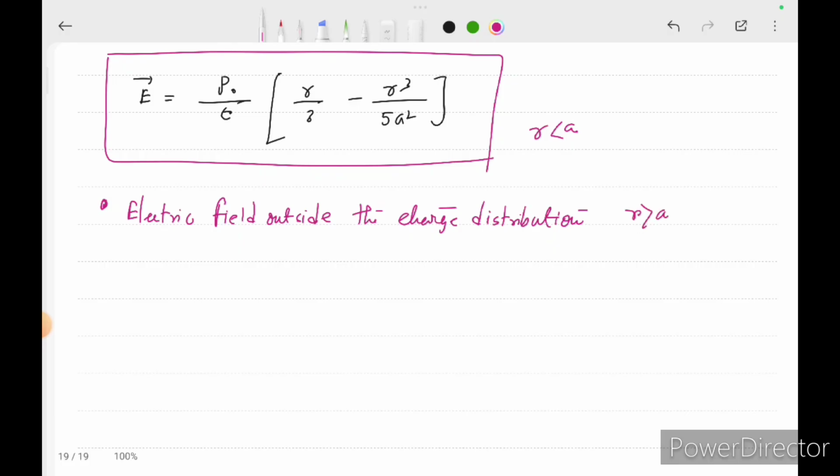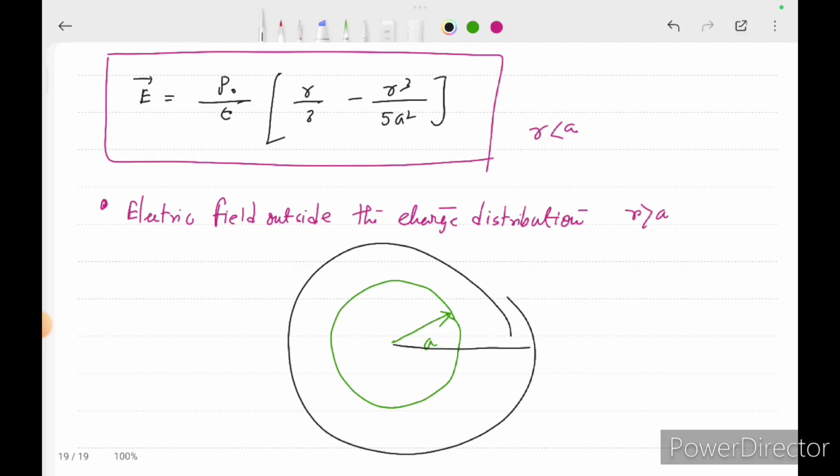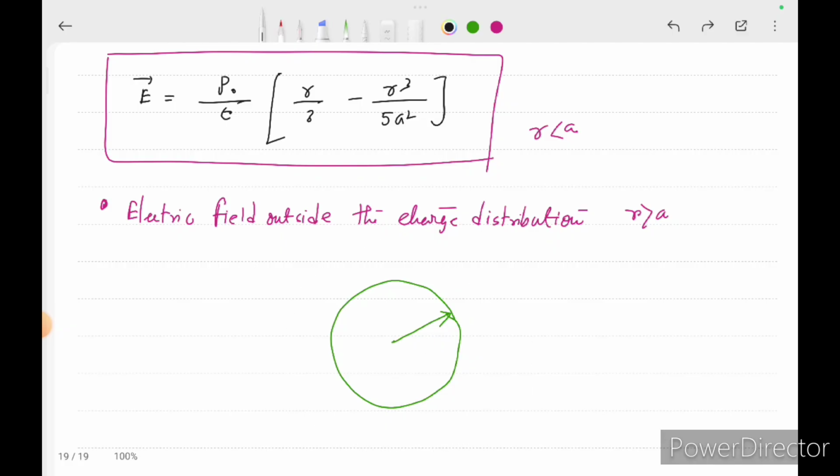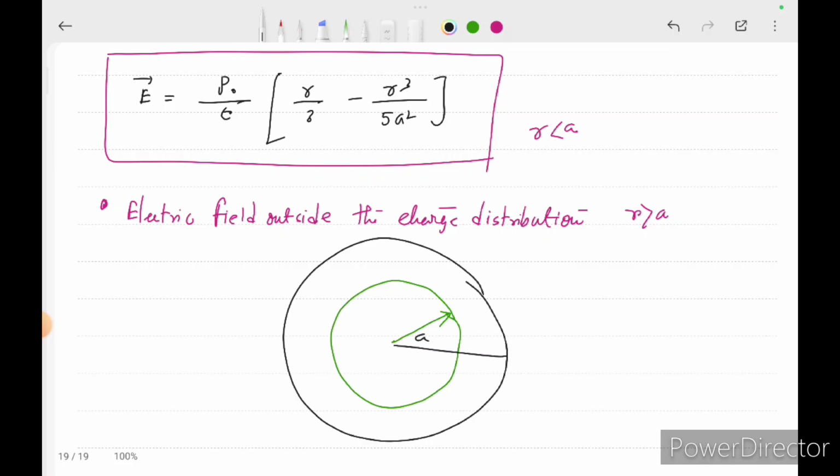It means r greater than a, outside the charge distribution. So we have a sphere of radius a, and we are trying to calculate the field at any outside point at a radius r. This is nothing but a Gaussian surface.